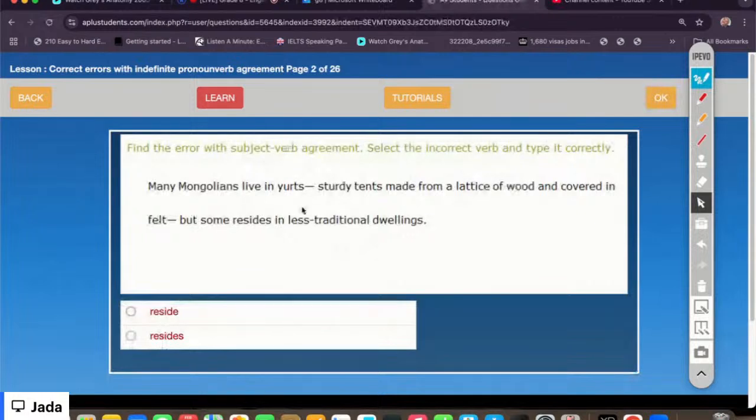Alright, many Mongolians live in yurts, sturdy tents made from a lattice of wood covered in felt, but some reside in less traditional dwellings. So reside or resides, which of these?